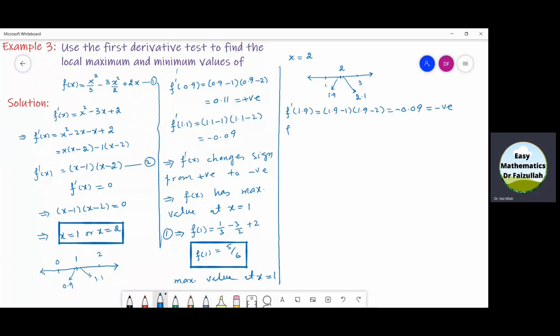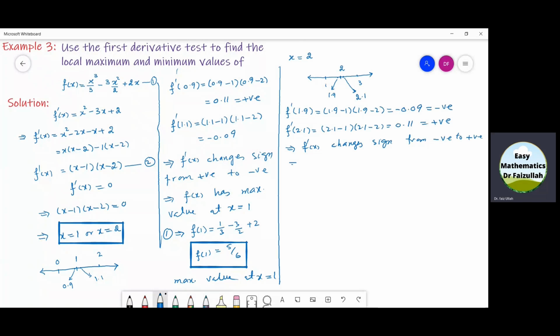And now let us find the sign of f dash at the number 2.1, which is equal to 2.1 minus 1, 2.1 minus 2. And if we simplify this, we have 0.11, which is positive. So we can see that f dash of x changes sign from negative to positive.